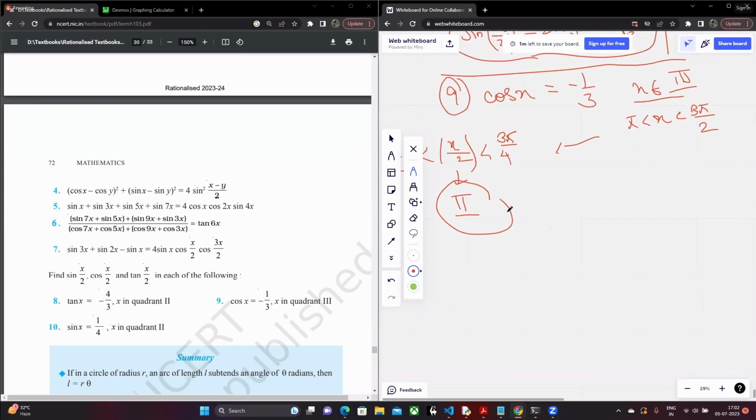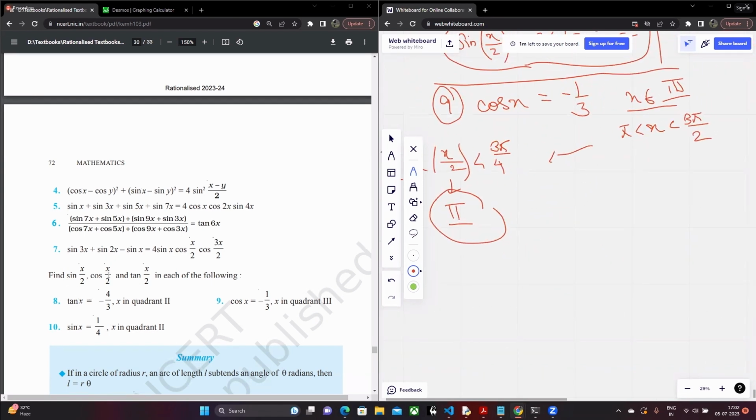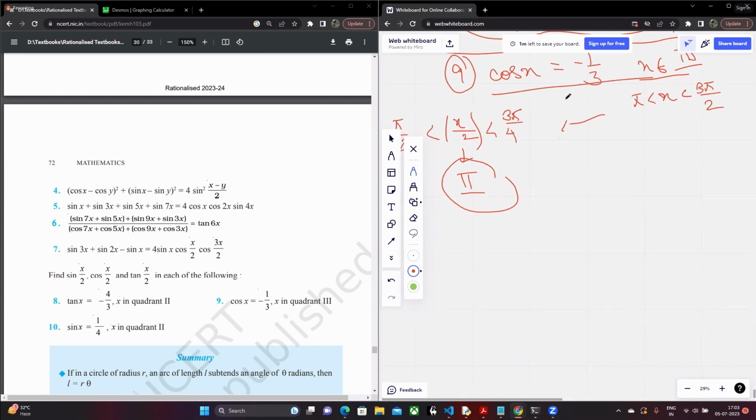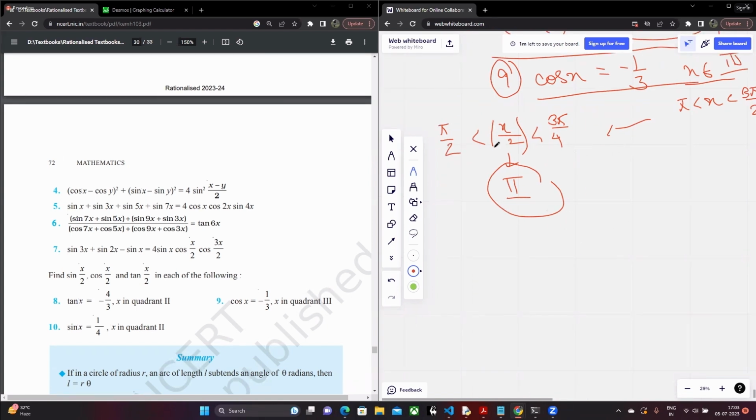Right? Second quadrant means that sine is positive, cos is not, tan is not. Having cleared that up, since cos x is minus 1 by 3, right? You can get the value of tan x, from which it's going to be easy to figure out the rest, right?